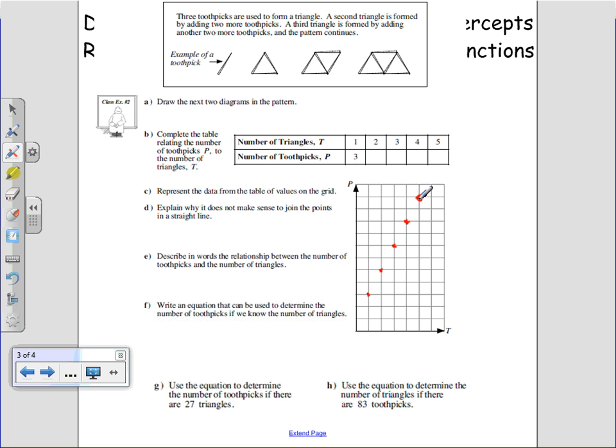Element of real would work, but we can do better than just real, if you can't have a decimal. Natural. Yeah, I like natural. Okay. T is an element of the naturals.